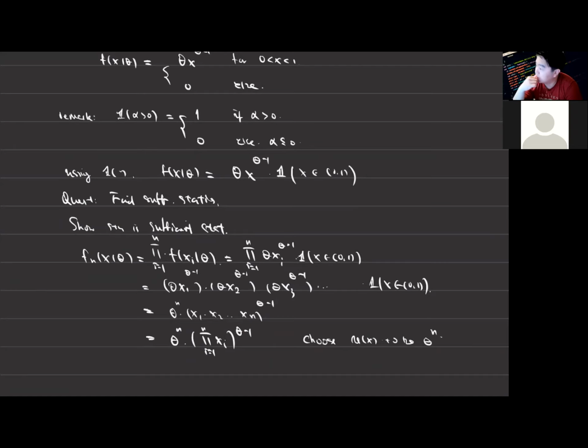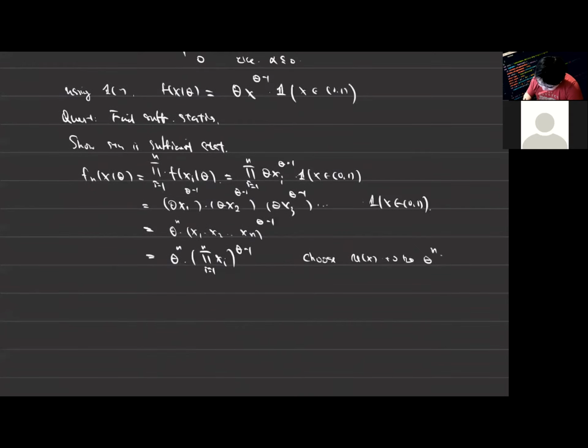Okay, so let me double check the problem. Yeah, it seems like the sufficient statistics is chosen as a product term. So let me write that down.